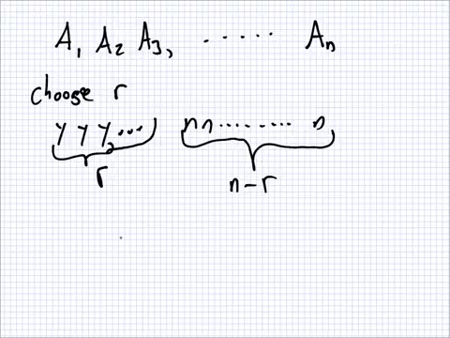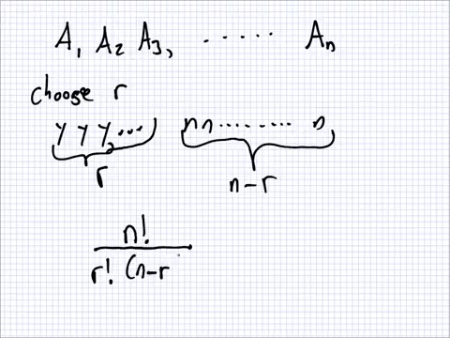So just like what we learned yesterday, it will be n factorial over... Now these can be rearranged, so we have to divide by R factorial, and also by n minus R factorial.